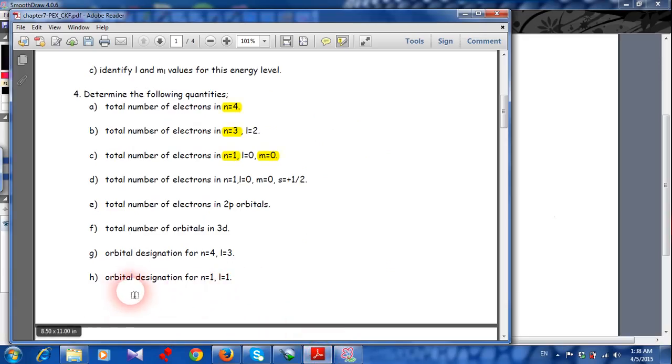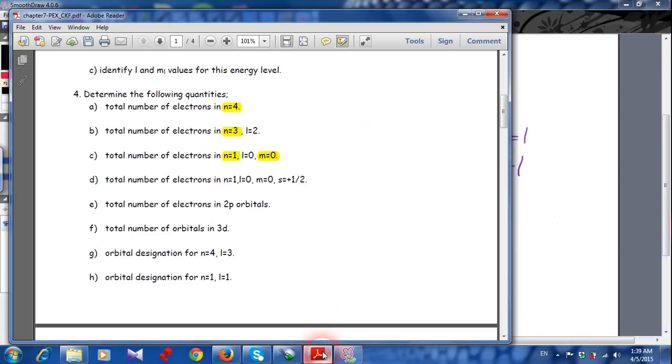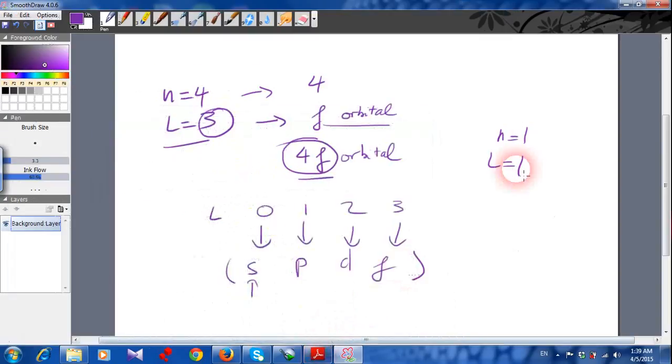The next question. Orbital designation for n is 1 and l is equal to 1. n is 1, l is 1. So l equal to 1 will be p, we talk about p orbital.